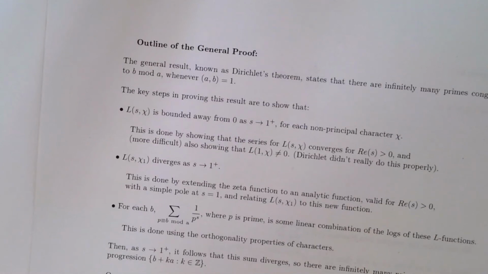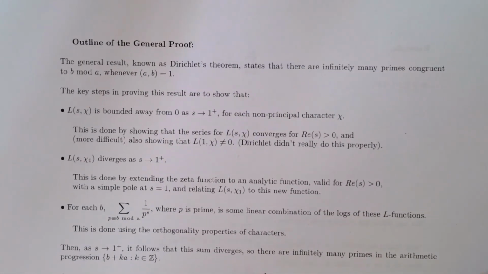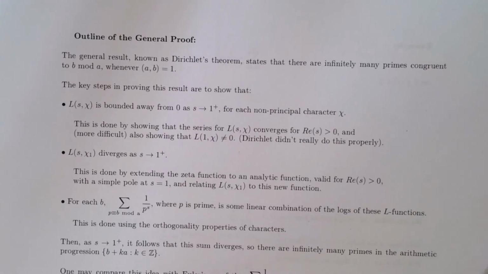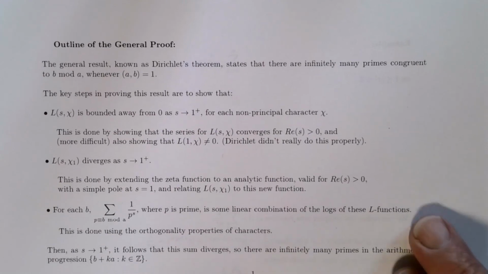Now, I'll just outline what we're going to do for the general proof. We're going to need some technical results and some complex analysis results before we actually do the full proof, but let me just give an outline of the proof.